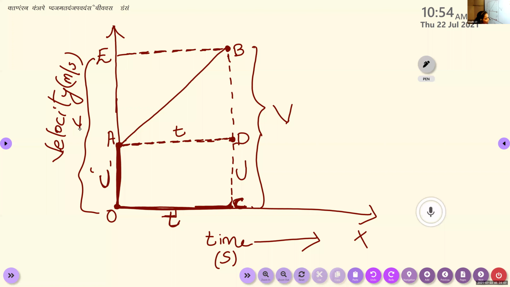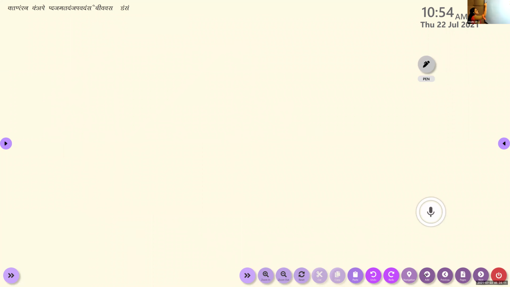So from the graph, we find some physical quantities.